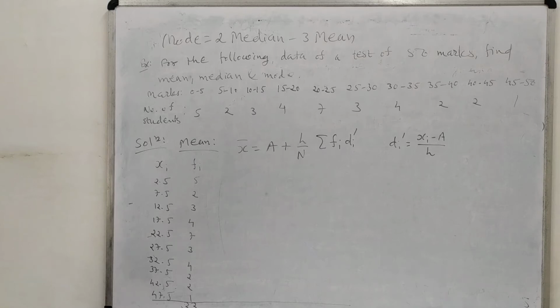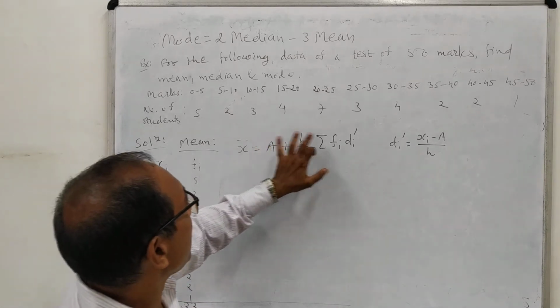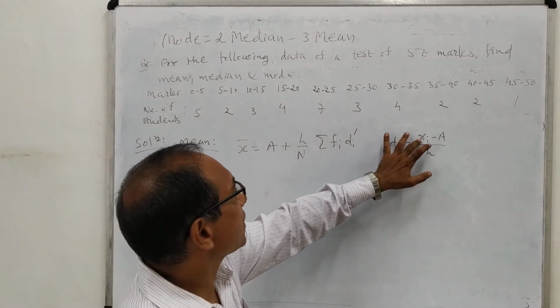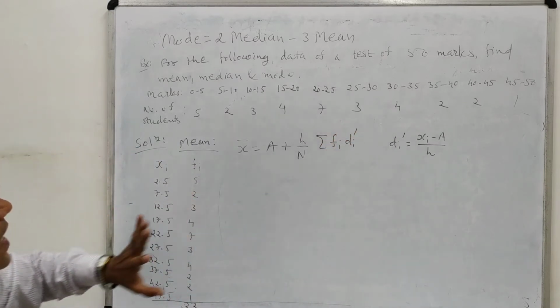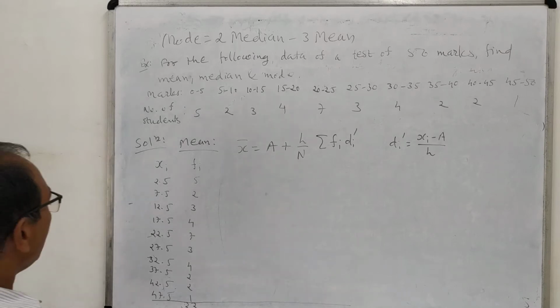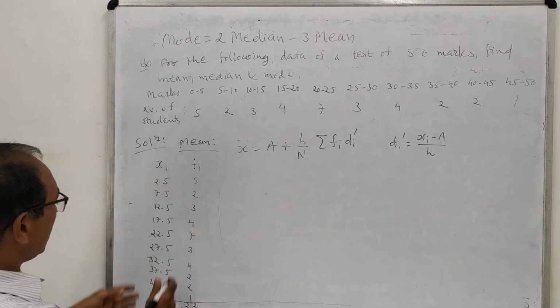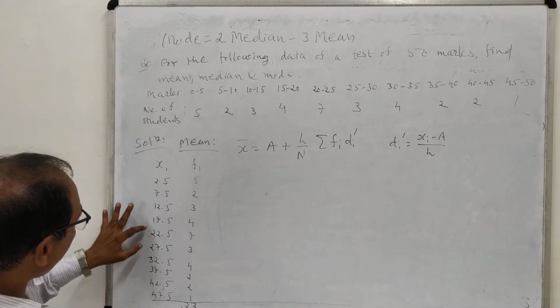Now see one thing: suppose I had not used this h, and simply used xi minus A, then we would have written di equal to xi minus A. Then A will be any value which we assume from this column.